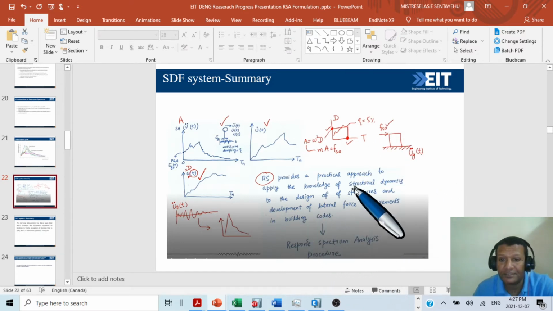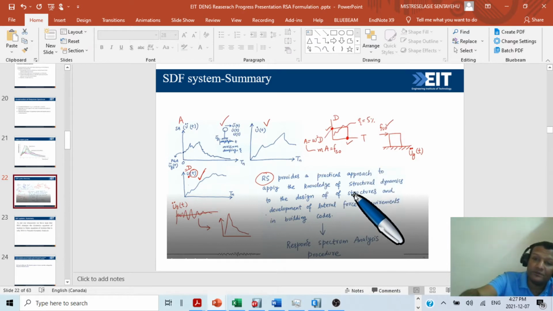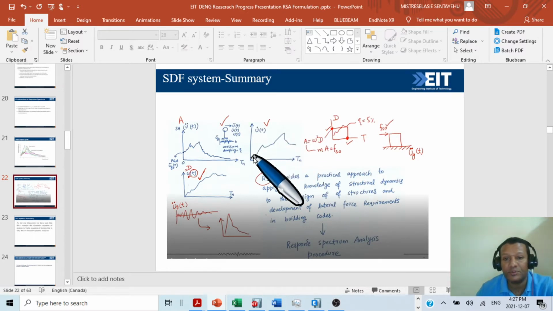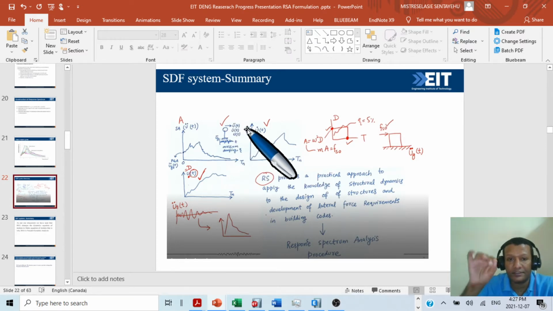Response spectrum analysis procedure. So we will continue with the response spectrum procedure. That's why response spectrum analysis is pseudo: it's not dynamic and it's not static. While constructing the response spectrum curves, we are in the dynamic part, because we are analyzing our single degree of freedom system, picking the points and constructing the graphs.